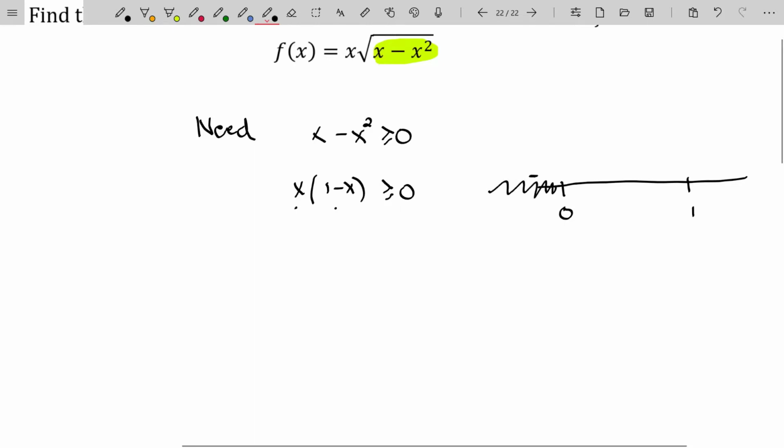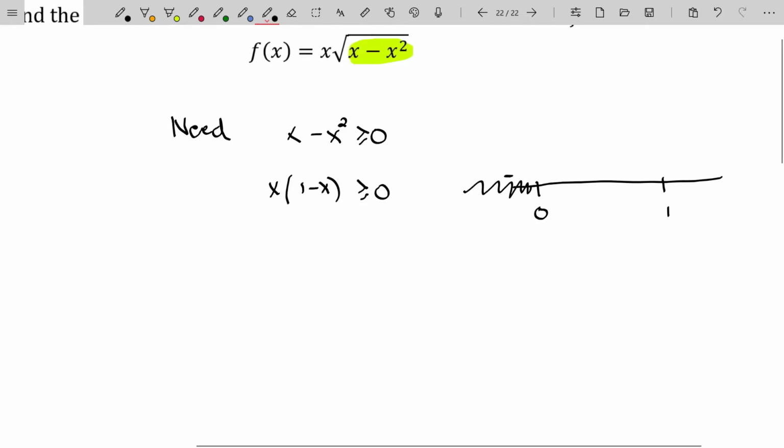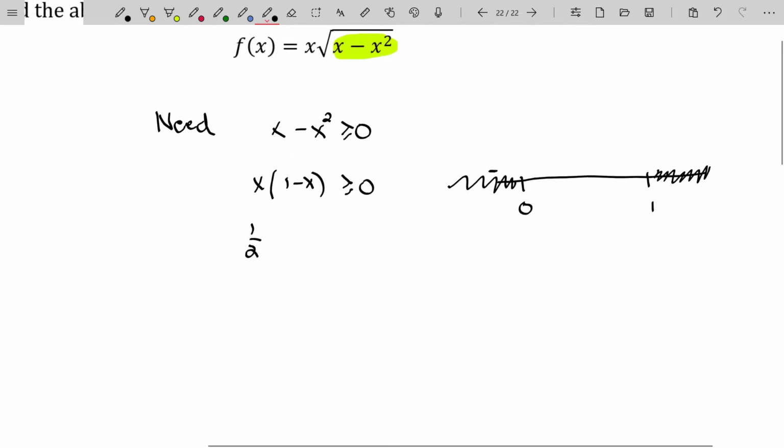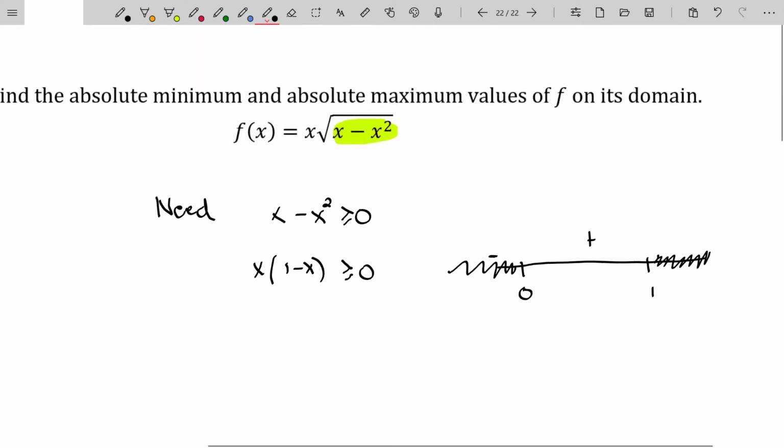If you try a number like +10, well, you'd get 10 times 1 minus 10, and that's a negative number, so you don't want that stuff over there. If you plug a number like a half, 1/2 times 1 minus 1/2 is positive. And so, winner, winner, chicken dinner, our domain is 0 to 1.